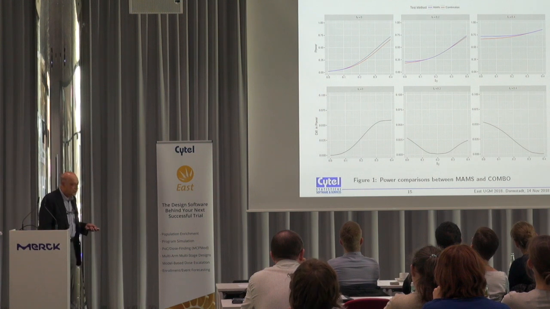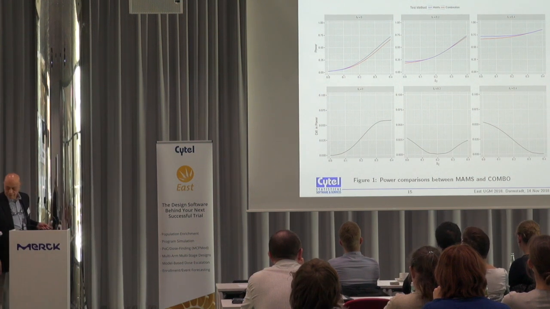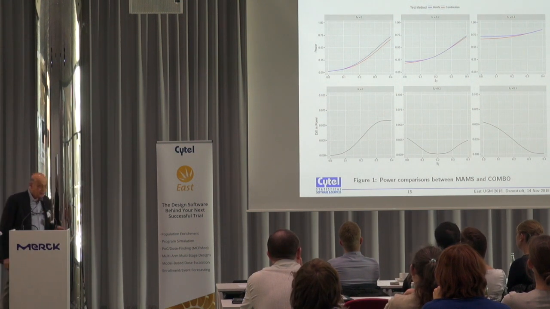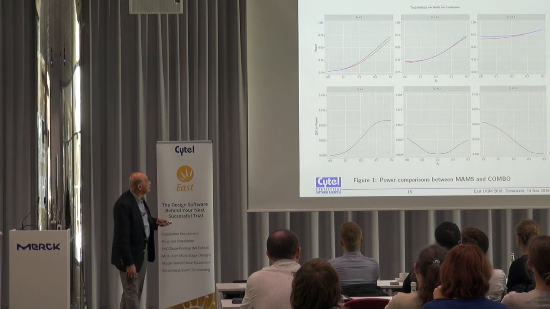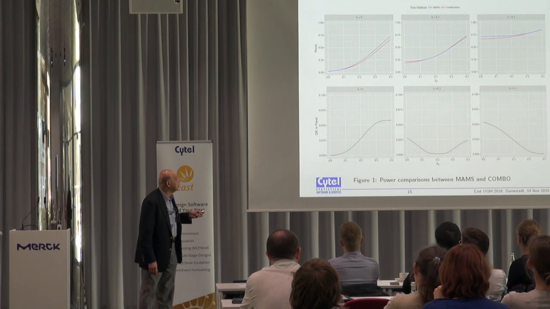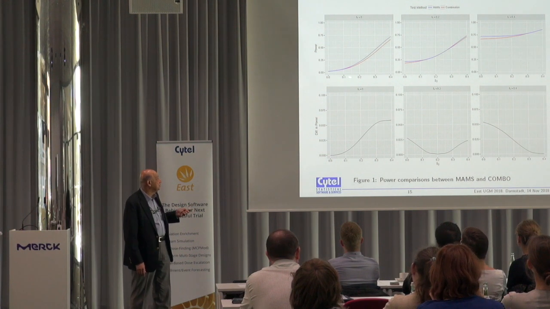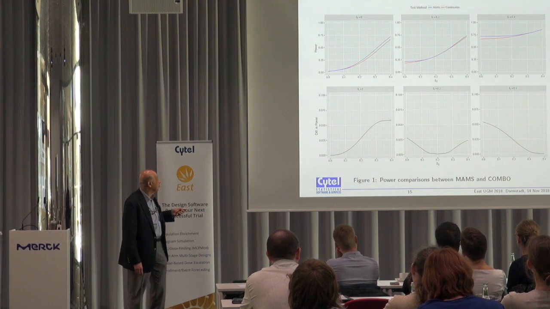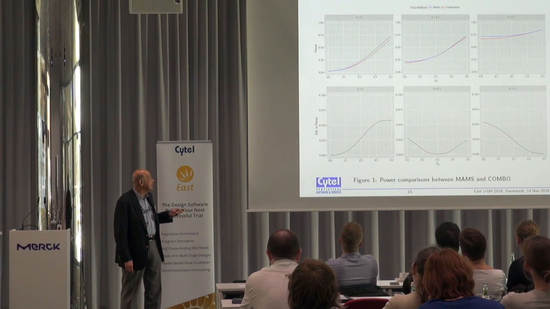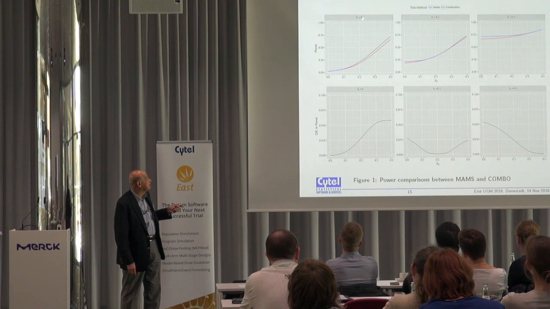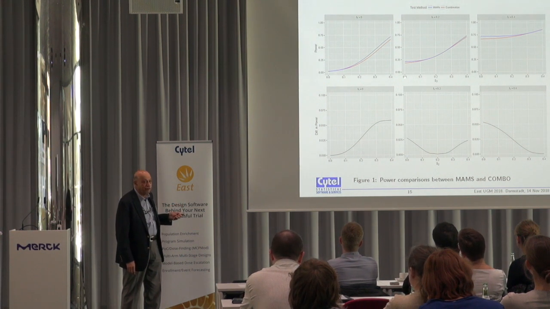So you see that in this first example, the blue one is the group sequential, and the red one is the p-value combination. And you see that when the deltas are different, so here delta 1 is 0 and delta 2 is 0.4, then there's about a 5% improvement in power.